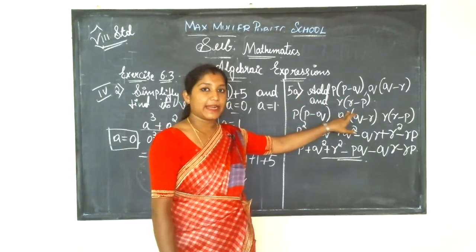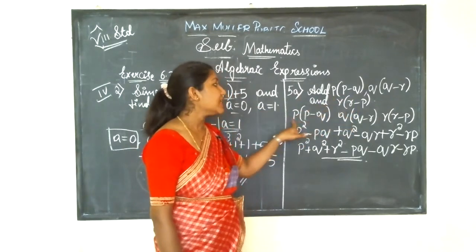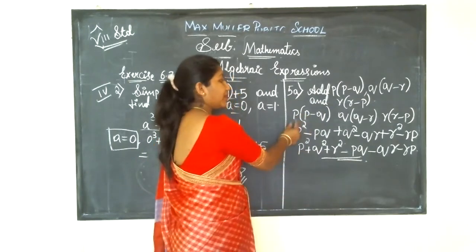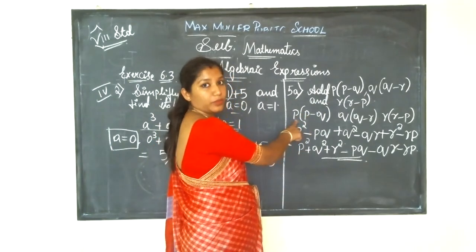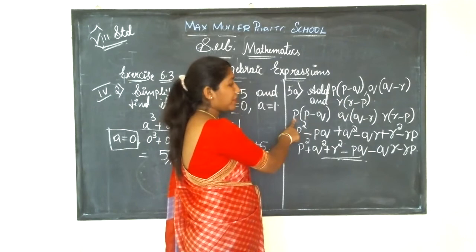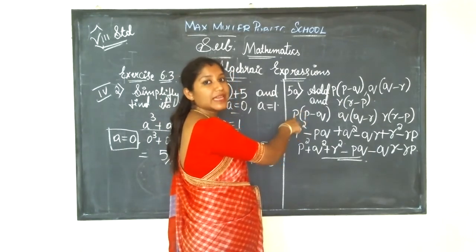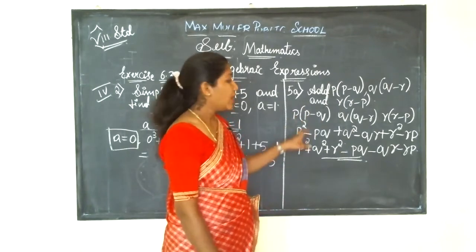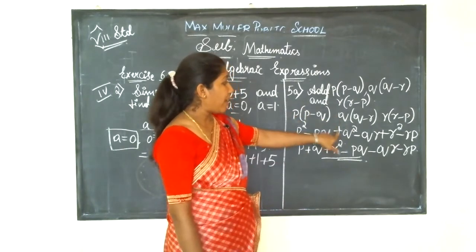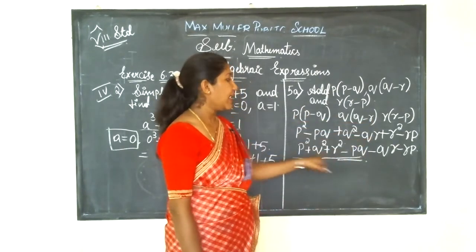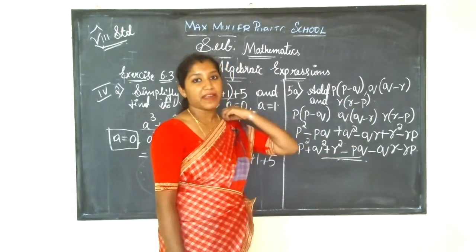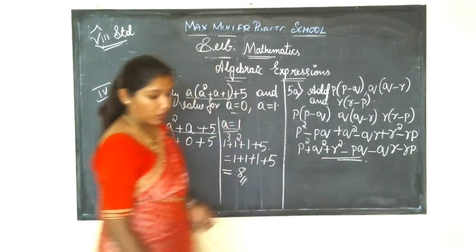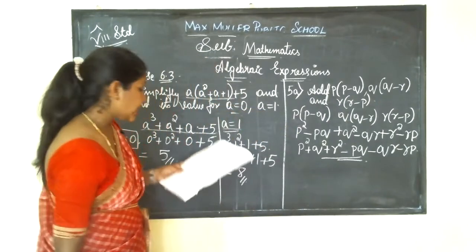What I have done here is multiply each monomial term with the binomial terms, and here I am adding with a plus sign. This will be your final expression. Understood, students, how to do this? Now coming to the next problem, it is the same.